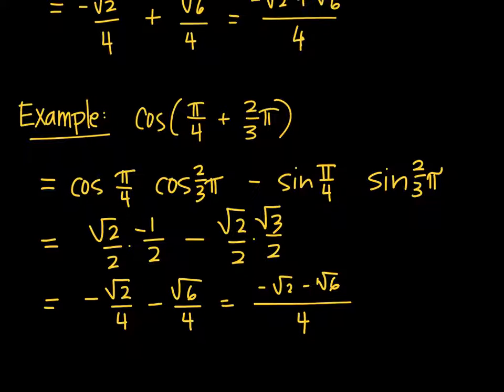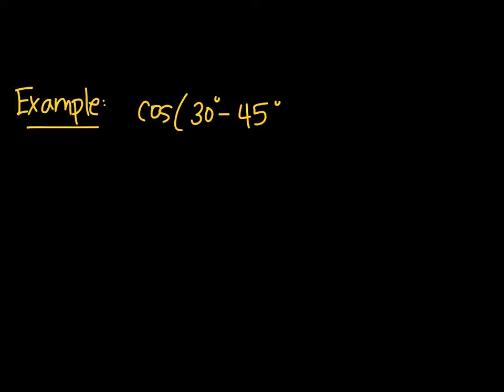All right. It's in degrees also, which is how we started this semester. Back in January, we learned on the first day about degrees. So cosine of 30 minus 45 in degrees. Again, there's no distributing.